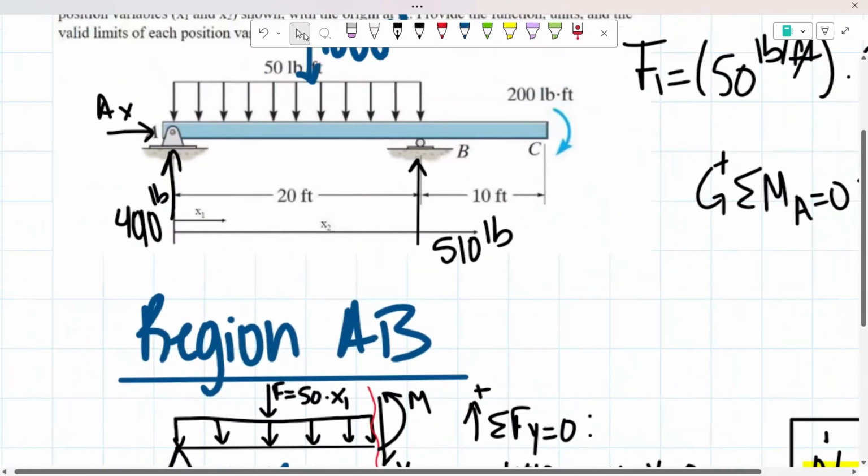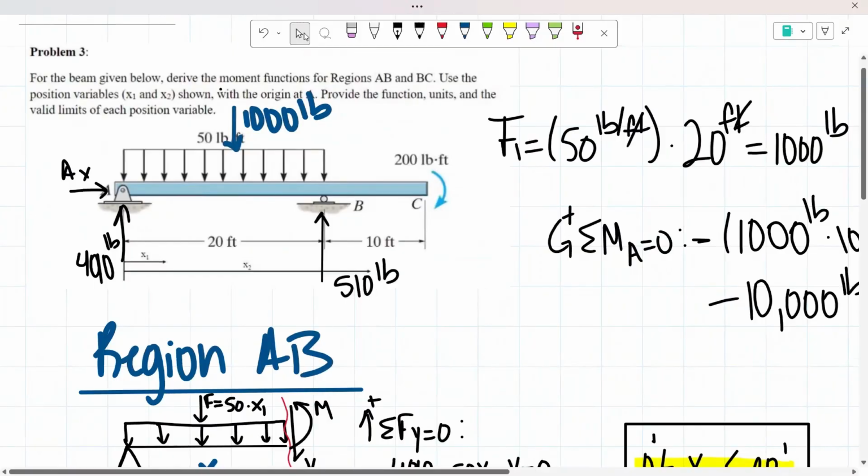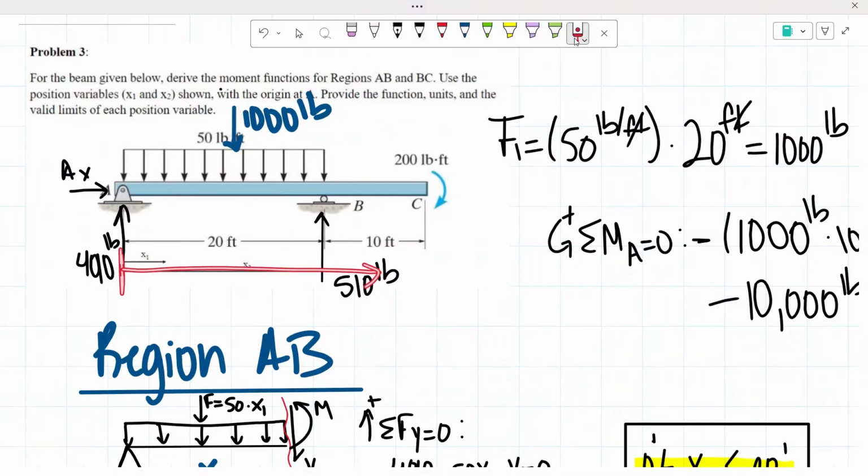Now I know that in the picture they're giving to us, it shows us that x2 will be from here to here, but doing it that way would be a bit complicated. It just takes a bit more work, but it is doable. So what I'm going to do instead is x2 from our starting point, or our origin, will be point C going this way.